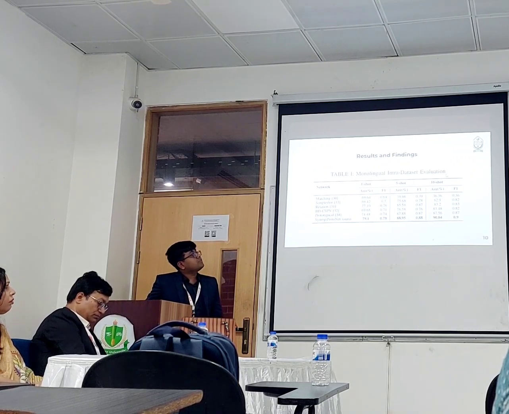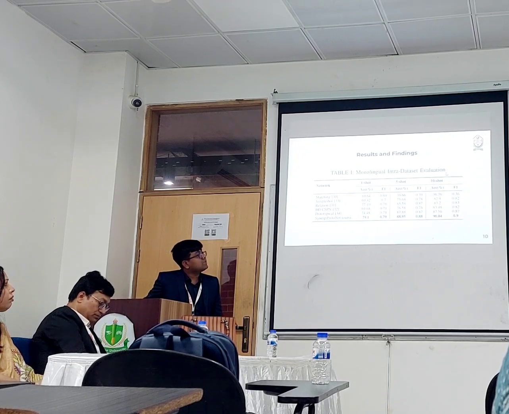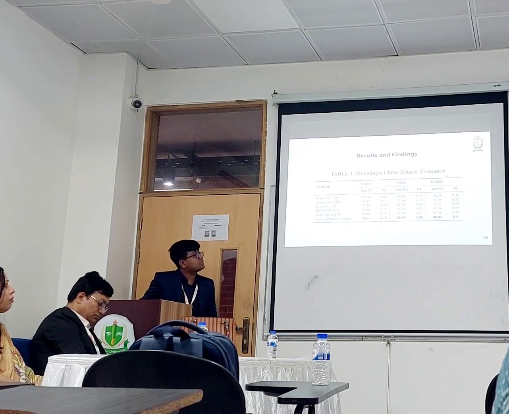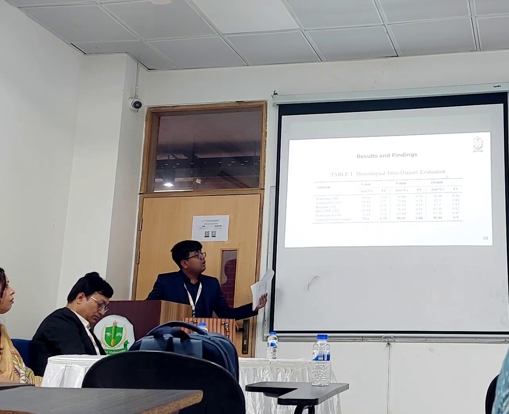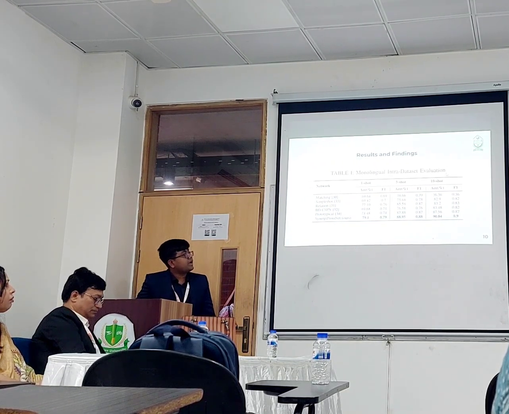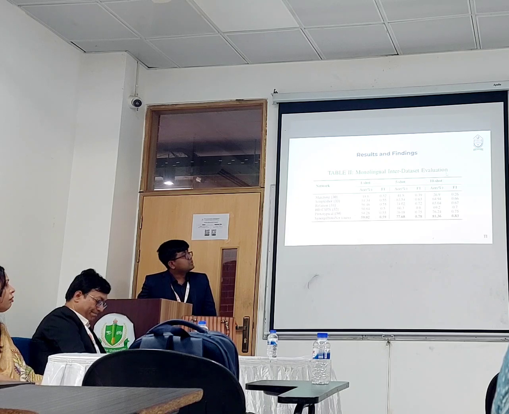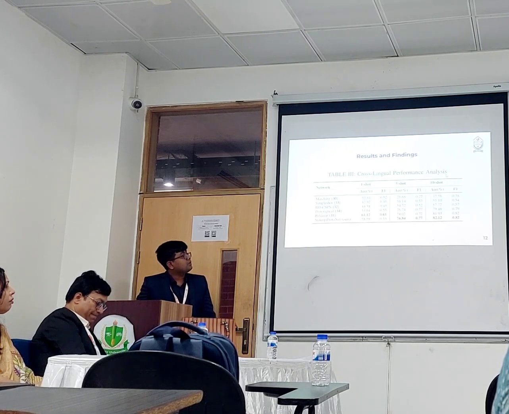Here are our results and findings in the monolingual intra-dataset evaluation. You can see that Synergy Prototype, which is ours, has neck-and-neck performance with the prototypical network at 74.48, but our model has the higher accuracy and F1. In the monolingual inter-dataset evaluation, our model again wins overall.